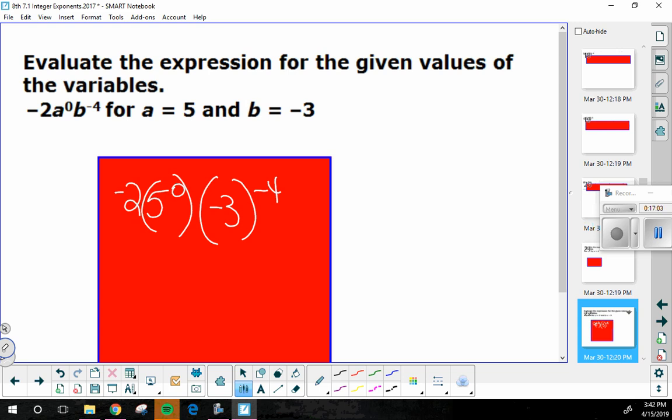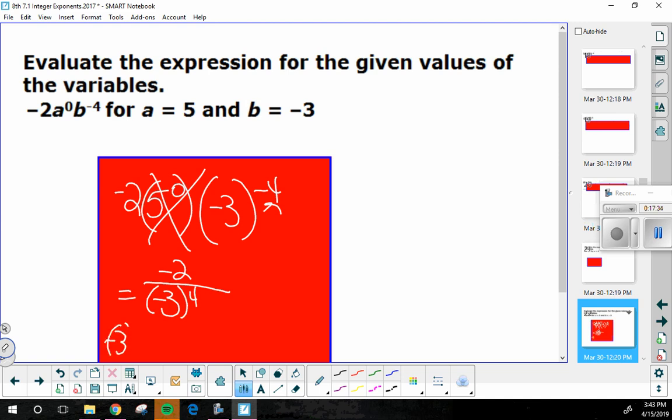So basically, things are going to move, go away, move, stay, or go away. All right, this negative 2 is going to stay. What can I do with this 5 to the 0? What does that become? Well, let's cross it out and get rid of it. Is this going to stay where it is or move down to the bottom? Move to the bottom. If it's got a negative exponent, we're moving it. So that becomes negative 2 over negative 3 to the 4th power.